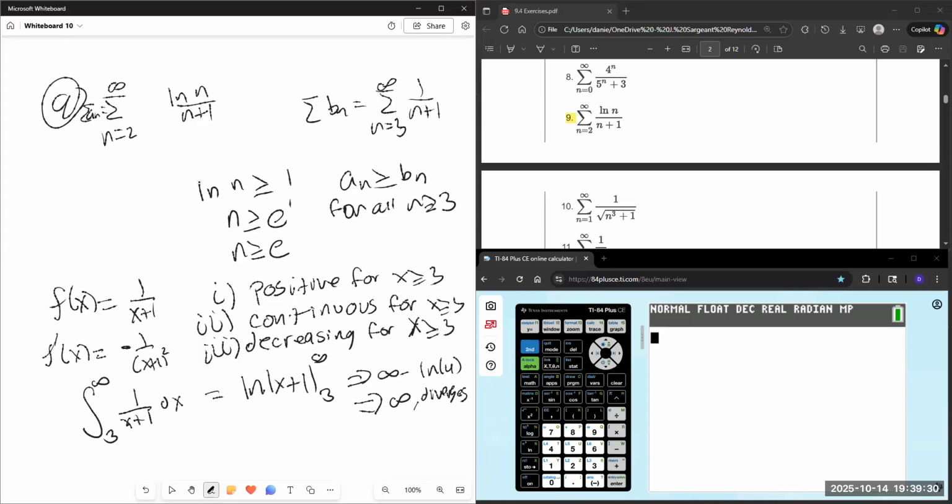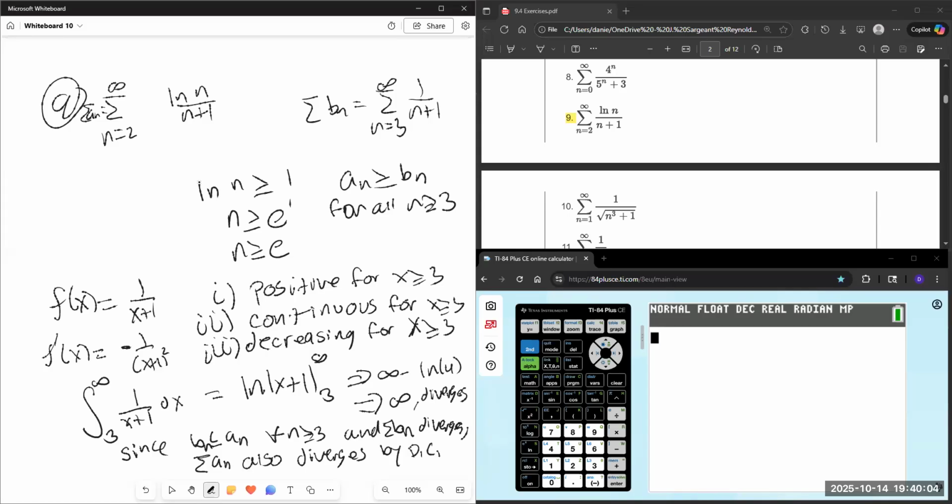So Bn being smaller than An and divergent means that since Bn is smaller than An for all n greater than or equal to 3, and Bn diverges, the An series also diverges by direct comparison test.